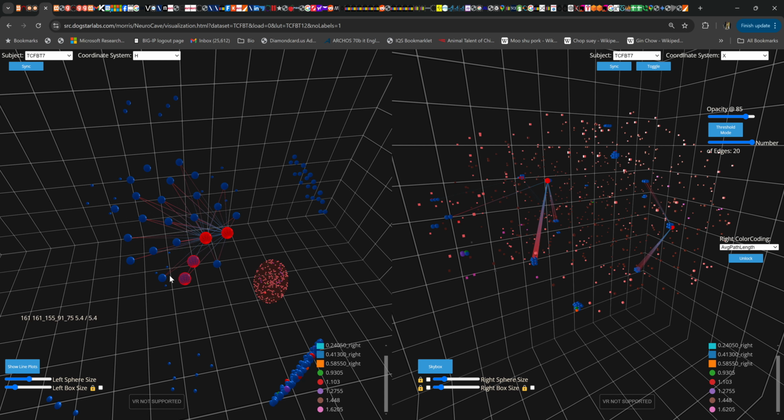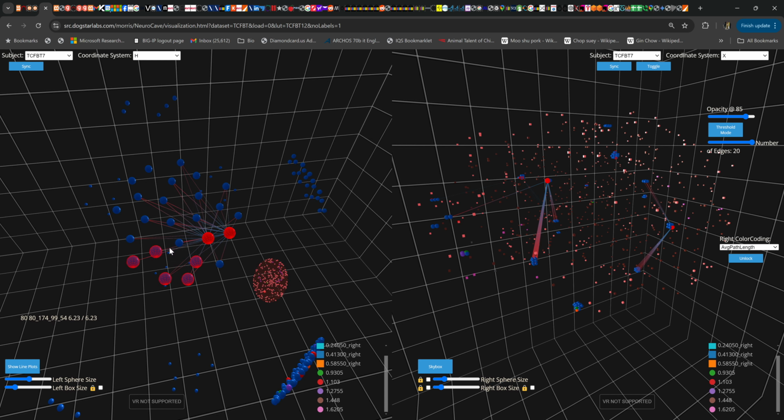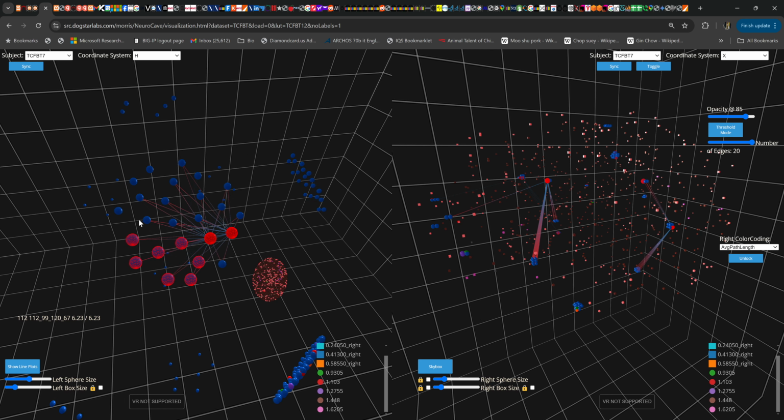Try to light up this whole cluster that contains the two nodes with one of the shortest average path lengths.